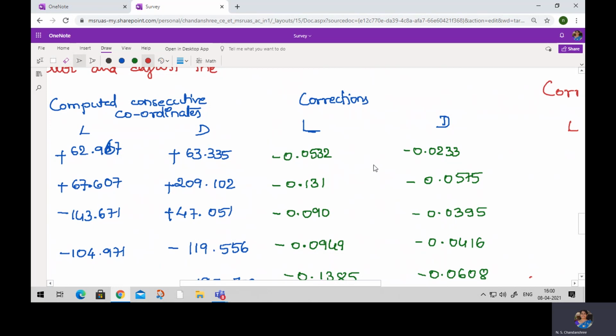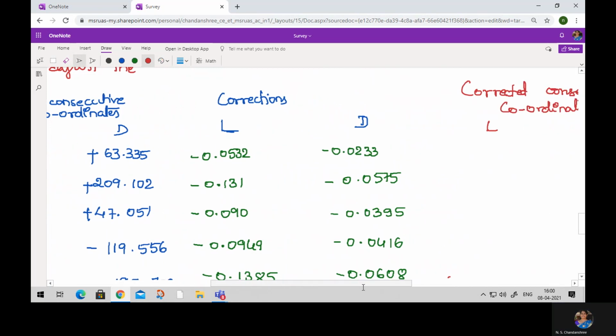That will give us 62.9138. Next, the departure of that line minus the correction here. Whatever the sign the correction has, you have to add or subtract it accordingly.